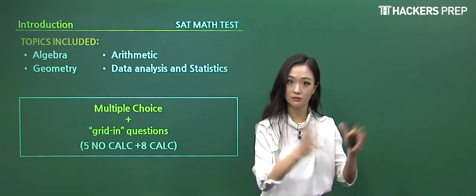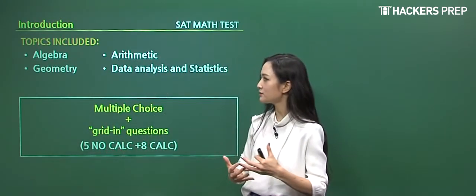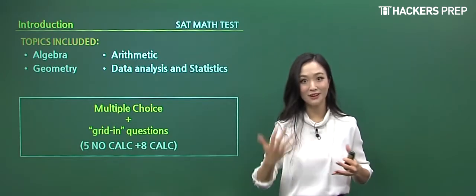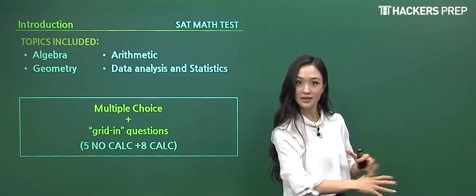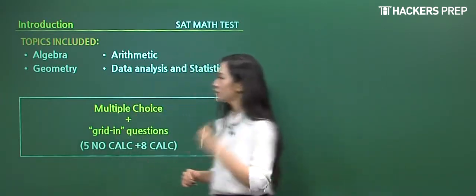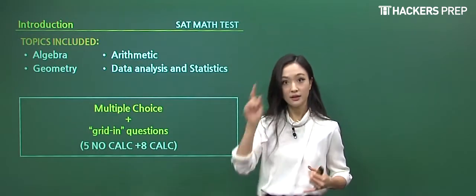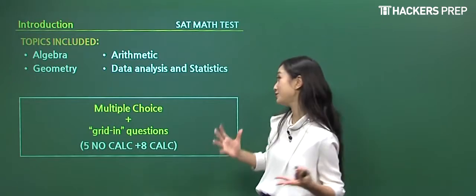The algebra involves variables, and that's where all the graphing begins and real-life scenarios, where you have to take the English text, transform that into an equation, and actually solve it, right? And the geometry portion is going to ask us to find areas, perimeters, surface areas, volumes, and all that fun, right? We're using figures.